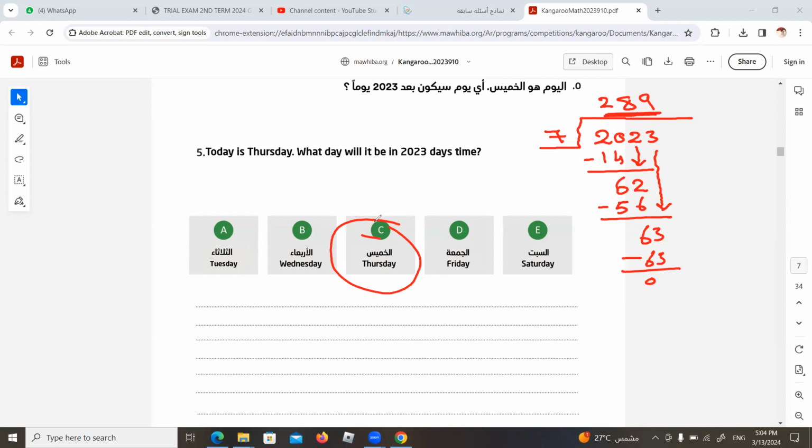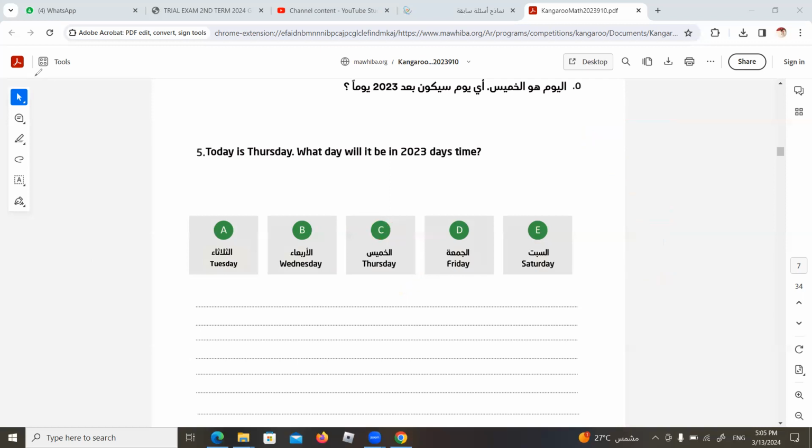If the remainder is 2, for example, then after Thursday it will be Friday, Saturday. If the remainder is 1, it will be Friday. If the remainder is 4, and so on, you count from Thursday. If you don't have a remainder, you don't count. You return back to the starting day, which here is Thursday.